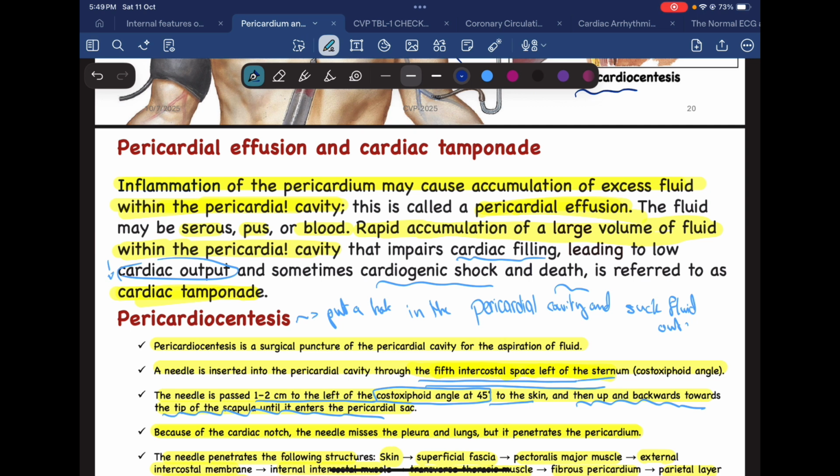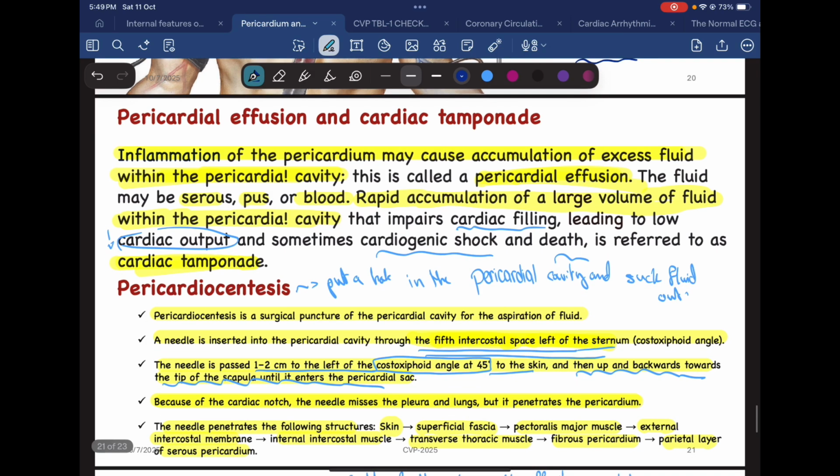Now, how do you deal with pericardial effusion or cardiac tamponade? There is something called pericardiocentesis. You put a hole in the pericardial cavity and you suck the fluid out. It's basically a surgical puncture. You go through the fifth intercostal space, left of the sternum.